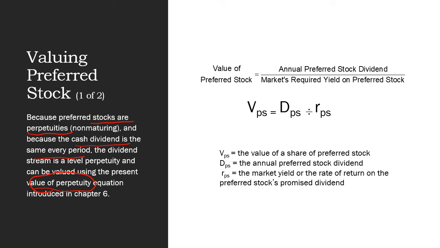Specifically, the formula for valuation of the preferred stock is that the value of the preferred stock V is equal to the dividend divided by the market required yield of the preferred stock, or the rate of return. So V is equal to D divided by R.